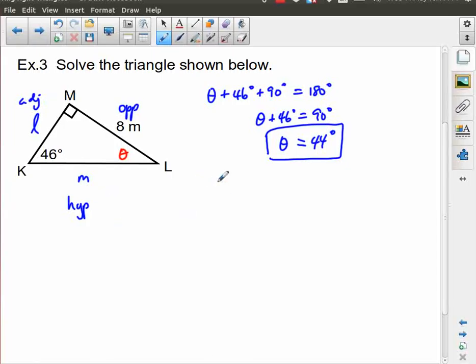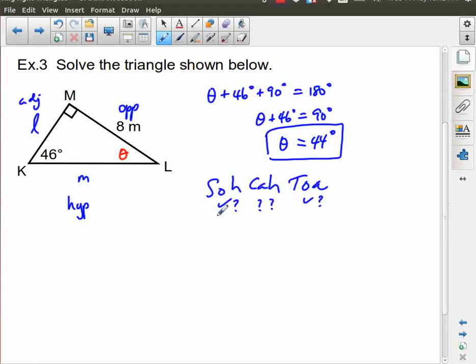So let's take a look. SOH CAH TOA. First of all, the hypotenuse. Am I interested in the hypotenuse? I am. So that gets question marks. I know the opposite, so that gets check marks. And I'm interested in the adjacent, so that gets question marks.